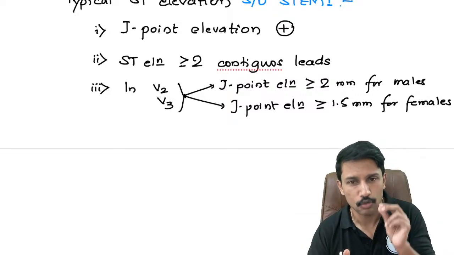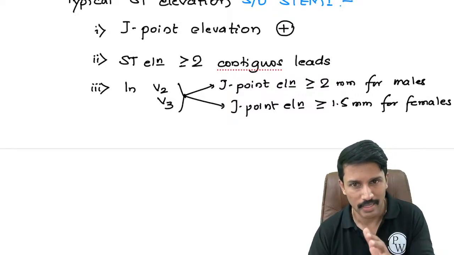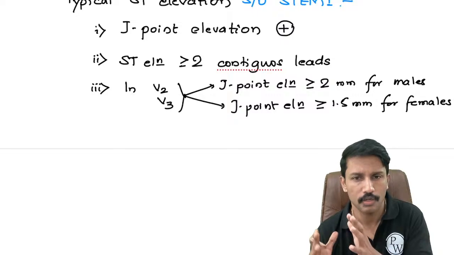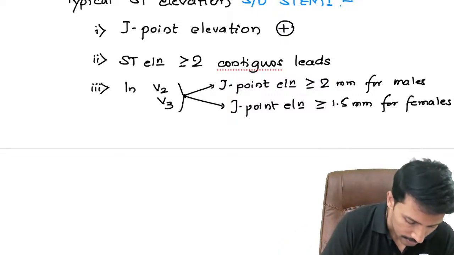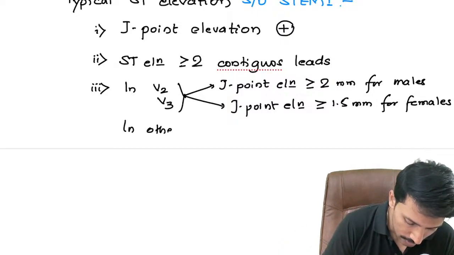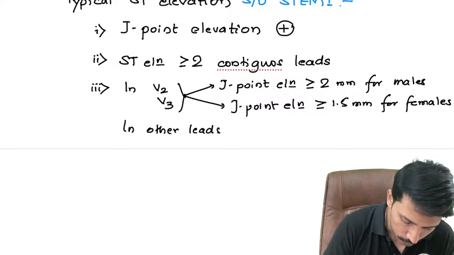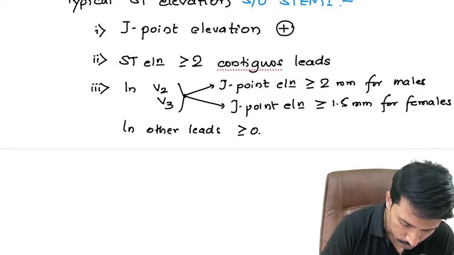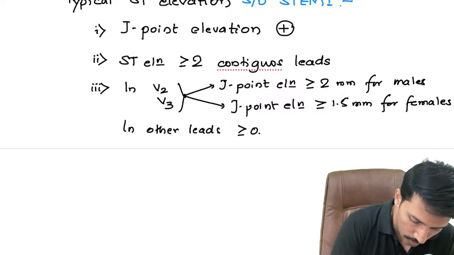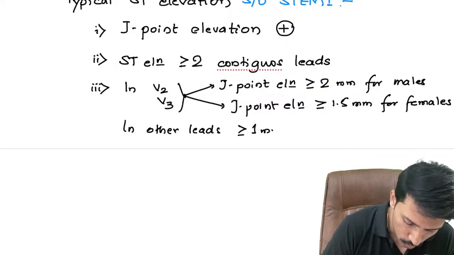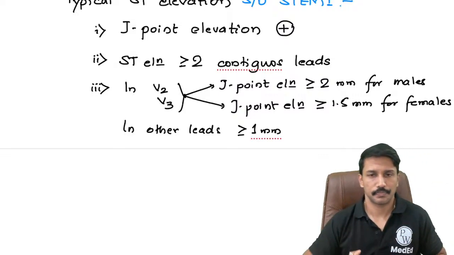So I need 2 or more for males and 1.5 for females. In all other leads, elevation of greater than or equal to 1 millimeter is enough. 1 millimeter refers to 1 small square.